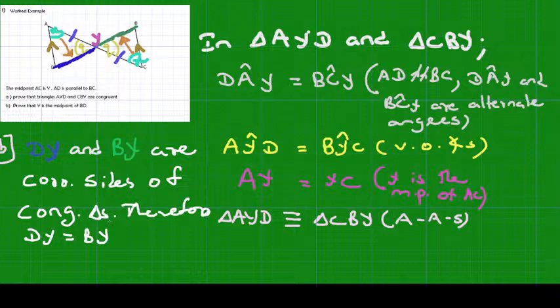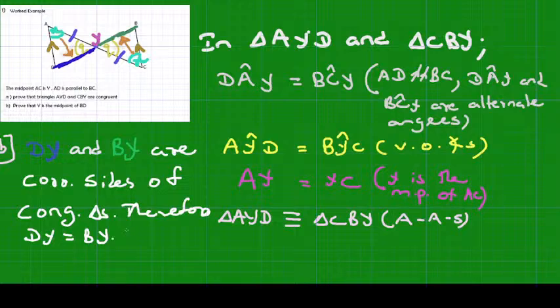Not only corresponding sides, if two triangles are congruent, they are like identical twins. So all their corresponding elements are equal. Corresponding sides are equal and corresponding angles are equal. Right. So we have proven that DY is equal to BY.